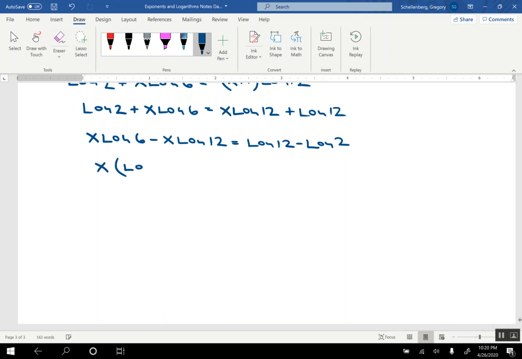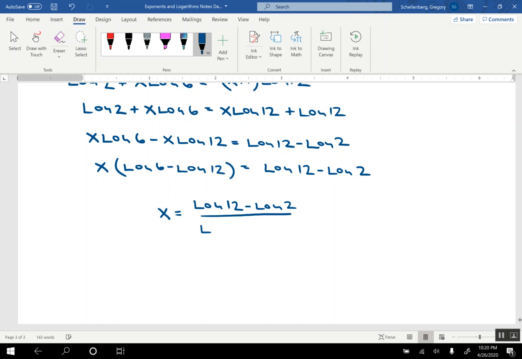That leaves us with the log of 6 minus the log of 12. And so x is going to be equal to, as an exact value, the log of 12 minus the log of 2 divided by the log of 6 minus the log of 12. And we'll leave it like that.